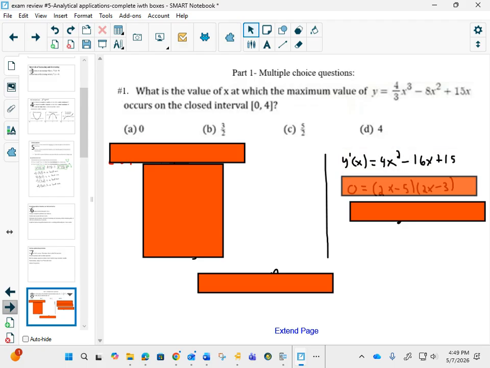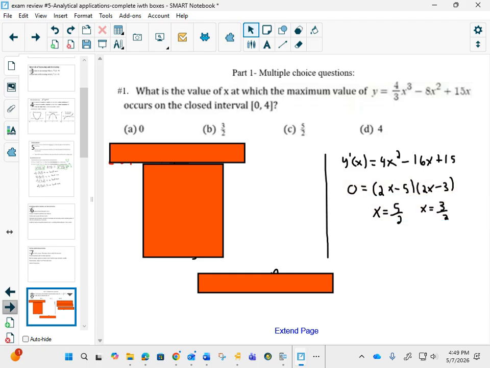So look at our derivative, factor it. Okay. Does anybody see how in this multiple choice you could have used the answers in the multiple choice to cheat while factoring? Yep. Like, I'd be like, the 3 halves and 5 halves are there.